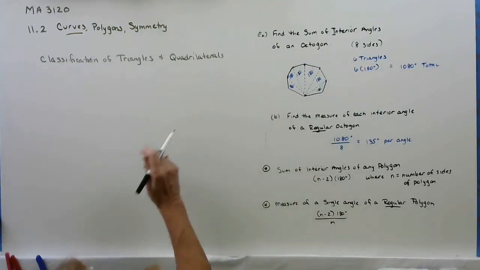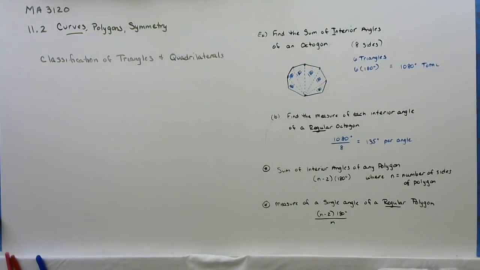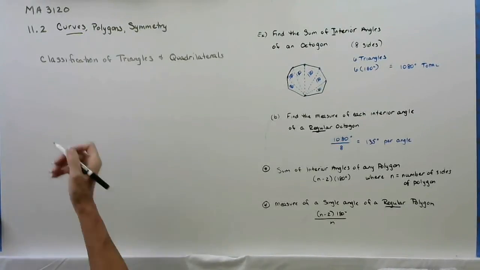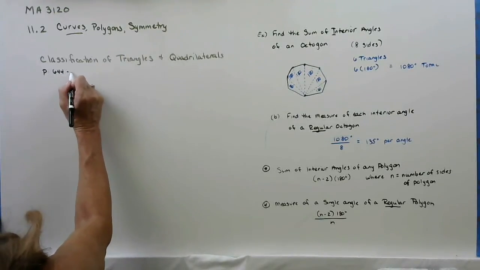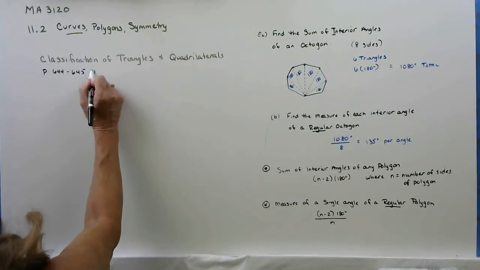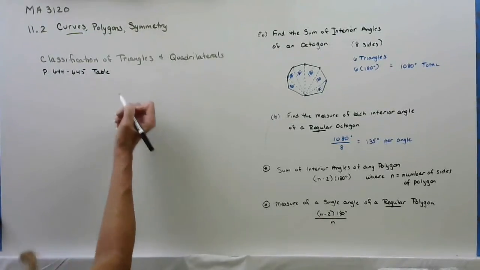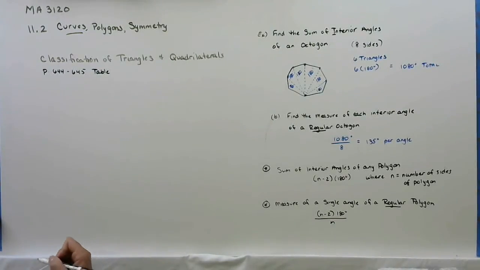Because we have different kinds of triangles. We have acute, obtuse, scalene. Then we also have equilateral, isosceles. Okay. So, I'll go through some of them with you, but these all can be found on page 644 to 645 in a lovely table that you definitely want to look at.